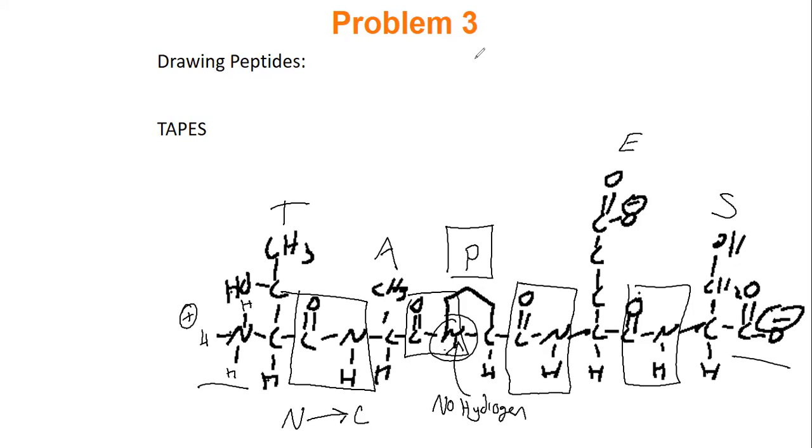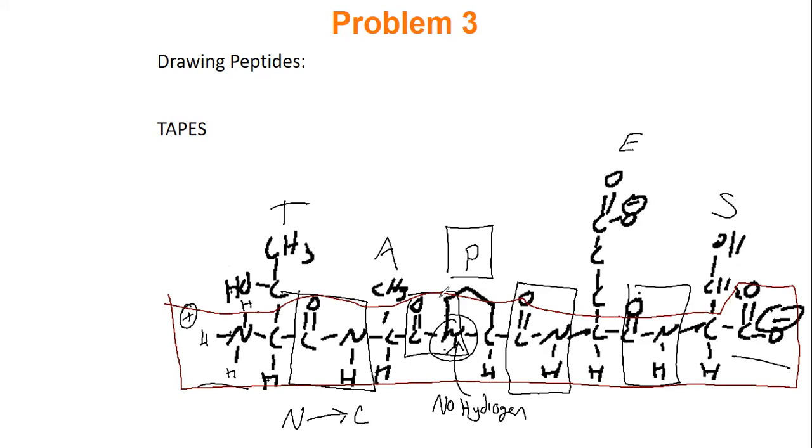Some other things that I want to point out. What I am circling in red, minus the proline, I kind of got overzealous there, these are called backbone atoms. So the N, the C alpha, and the carbonyl, those are what we call backbone atoms.